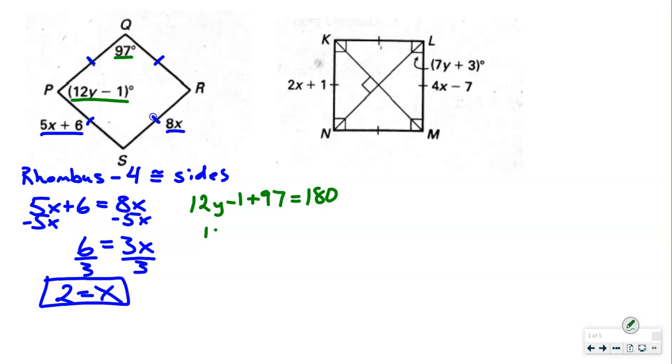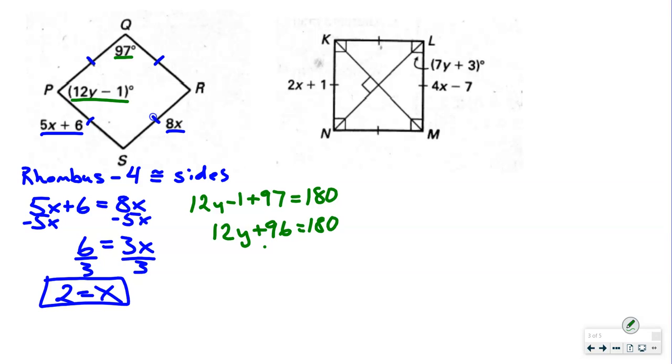So I get 12y, and then negative 1 plus 97 gives me 96. So we get 12y plus 96 equals 180.